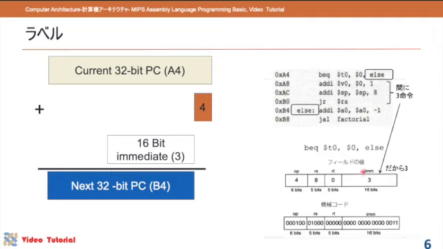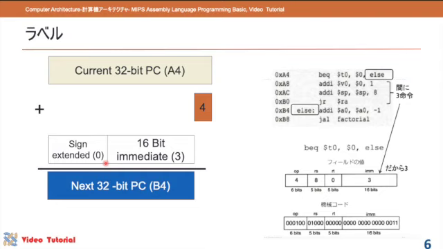So you have 16-bit immediate 3, isn't it? Then the remaining part is the sign extend. If it is positive, you have to put all 0. In that case, it is 3, so you need to put all 0 here.